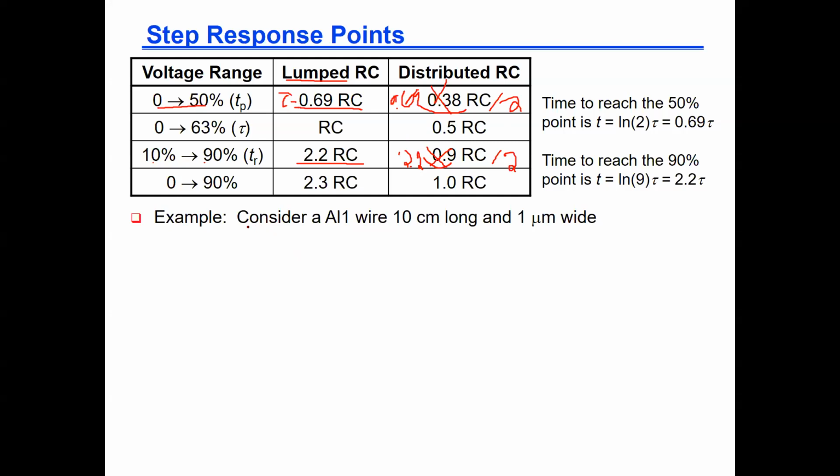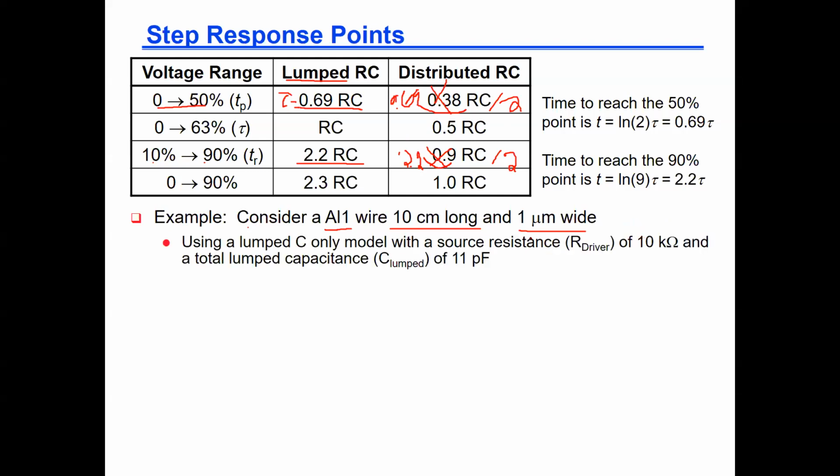So now they're asking me about an aluminum 1 wire with length 10 centimeter and width 1 micrometer, and we are trying to find the delay across this wire, okay? So if I assume a lumped-only C model with a source resistance driver of 10 kilo ohm, and that the lumped capacitance is 11 picofarads.